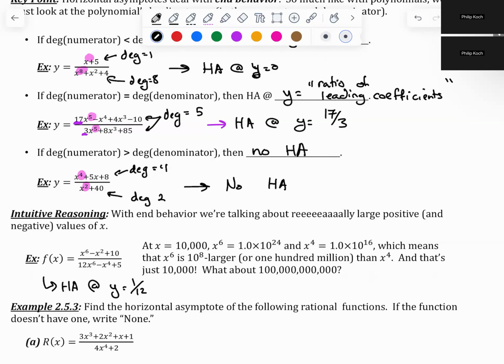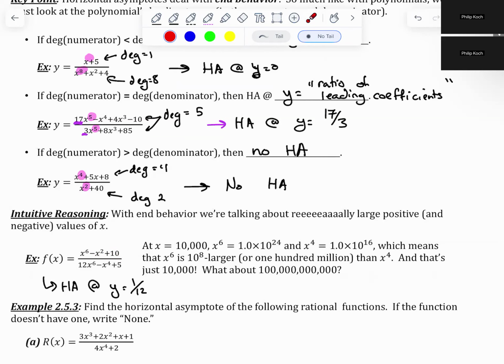And compared to x to the 2nd power, it'll be 10 to the 16th times larger.